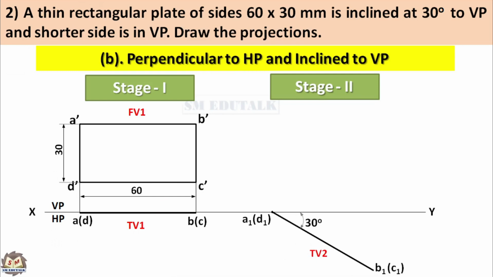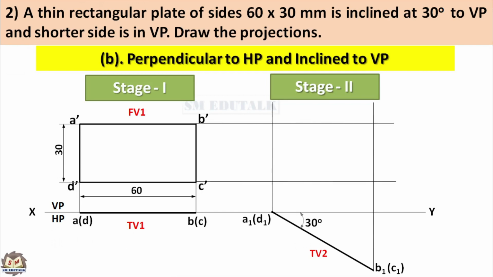To draw the front view in stage 2, project the endpoints of the stage 2 top view upwards and project the corner points of the stage 1 front view to your right. Now, these vertical and horizontal projection lines intersect each other and four intersection points are created. The line from a dash and the line from A1 intersect to form the point A1 dash.